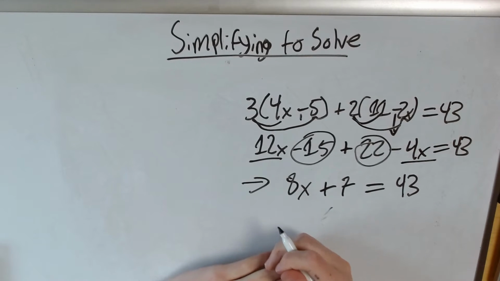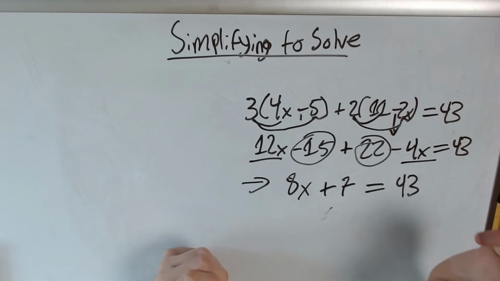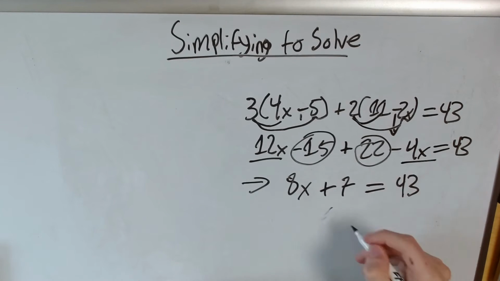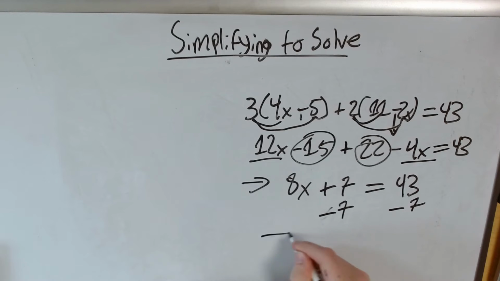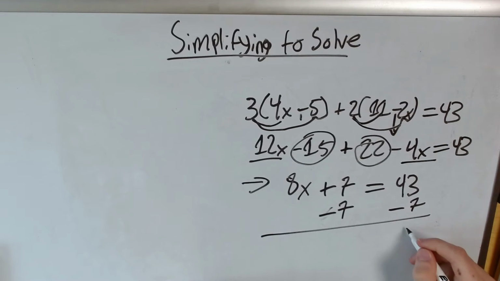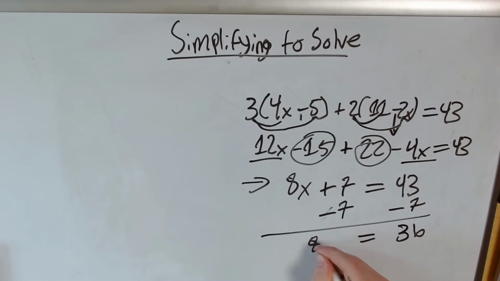And now, you might be saying, hey, that's a multi-step equation. So what do I do first? I get rid of my addition or subtraction. To get rid of my addition, I'm just going to subtract 7. Of course, I have to do that on both sides. Right? Now I have 36 equals 8x.